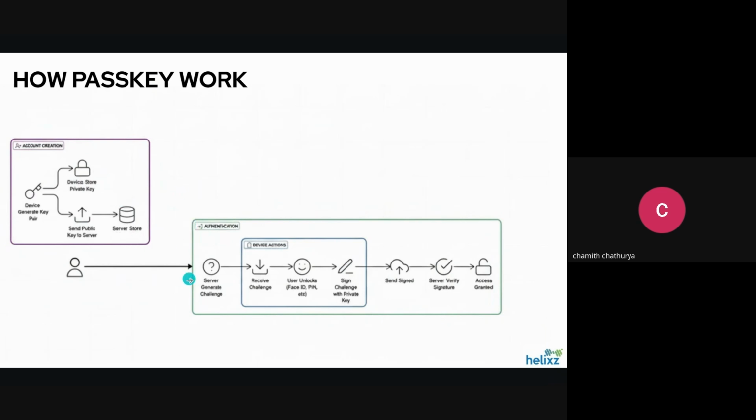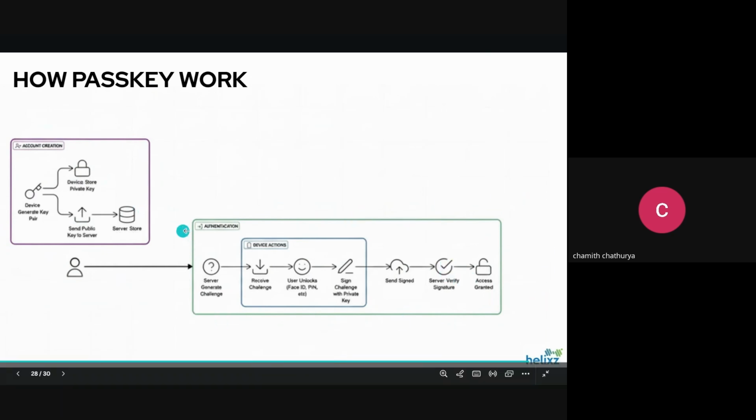When authenticating, the server generates a challenge. The device receives the challenge, the user unlocks using Face ID or PIN, and the device signs the challenge with the private key and sends it back to the server. Then the server verifies the signature using the device's public key and verifies this user.